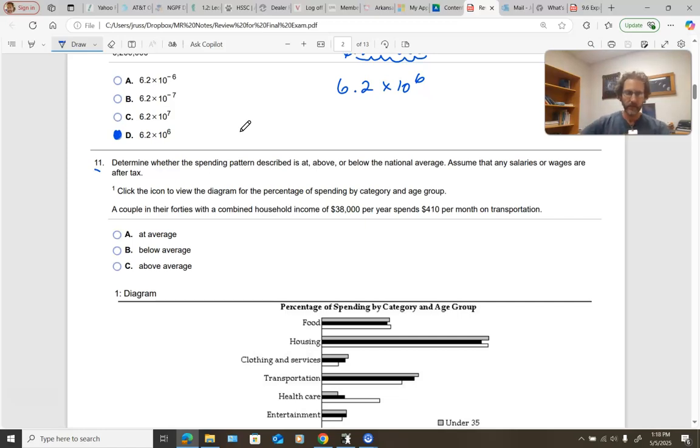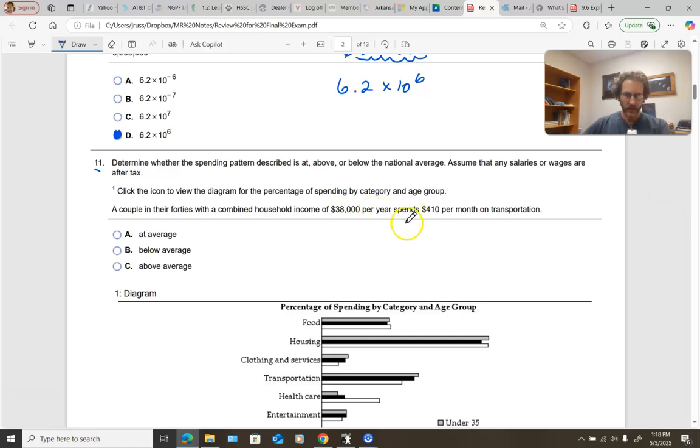Okay. So it says a couple in their 40s with a combined household income of $38,000. Ooh, that's not too good. Per year spends $410 per month on transportation. Okay. Yeah, that's not a whole lot of money for two people.